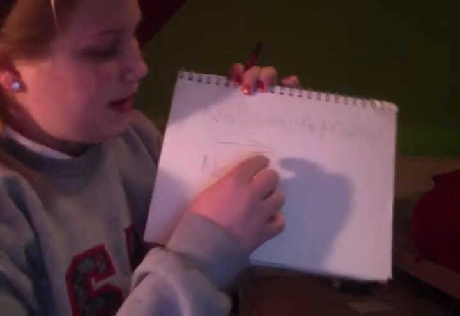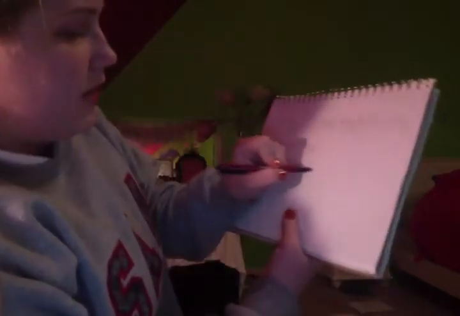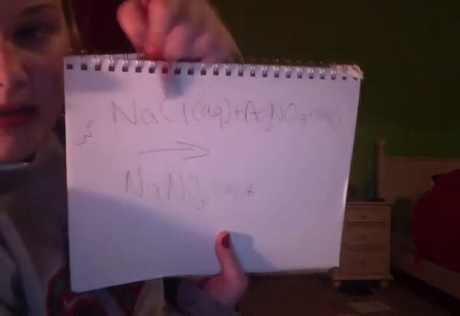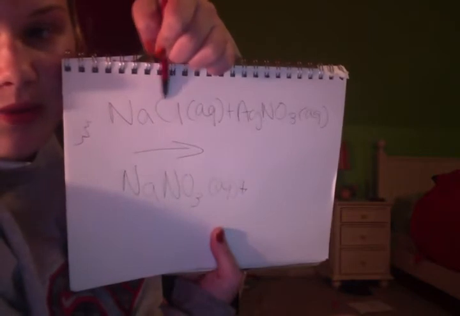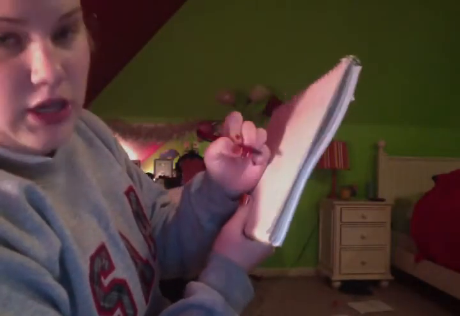NaNO3. And none of them have charges, or they cancel out, so then it's aq, because NO3 is aqueous. And then you take it plus, and you take the beginning of that one and put it with Cl at the end: AgCl.